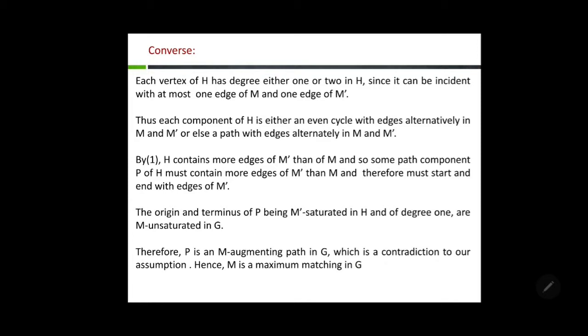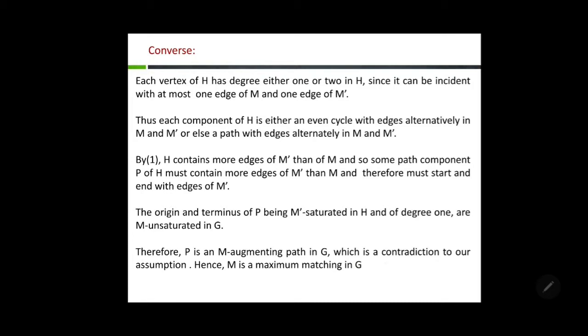By the condition that the cardinality of M' is greater than the cardinality of M, H contains more edges of M' than of M, and so some path component P of H must contain more edges of M' than M. Therefore, it must start and end with edges of M'.